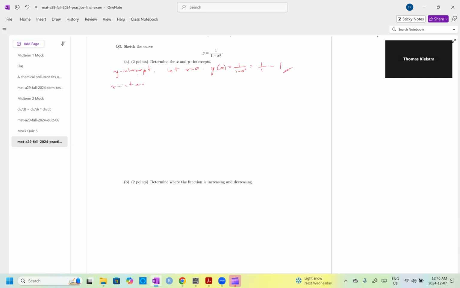X-intercepts are the roots of the numerator.